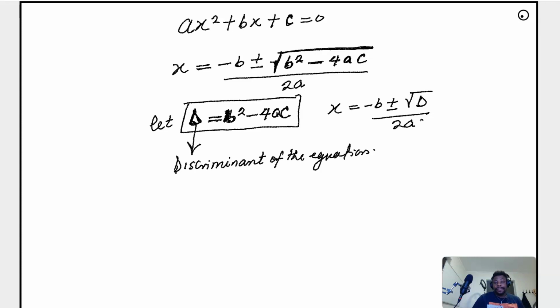Now let's start. So d, which is the discriminant, is equal to b squared minus 4ac. Let's start with the first one.